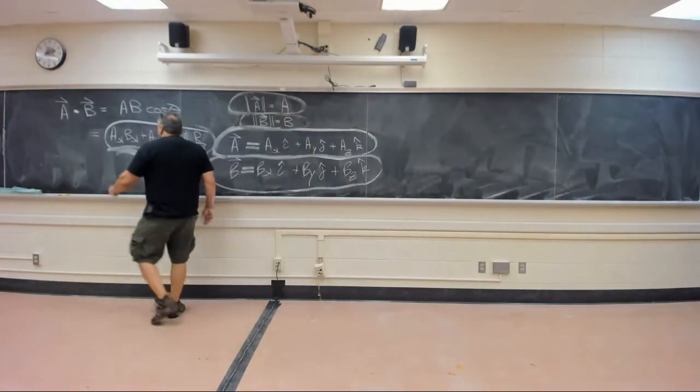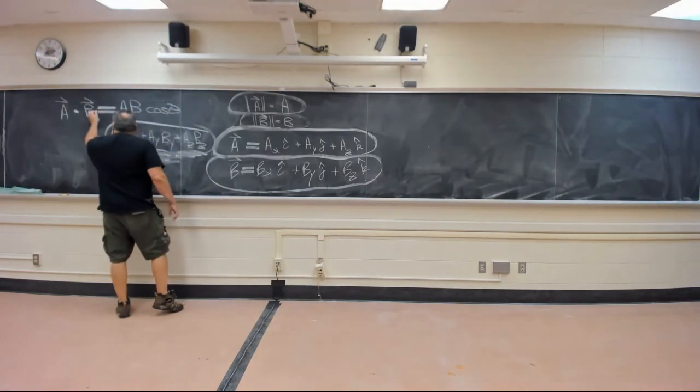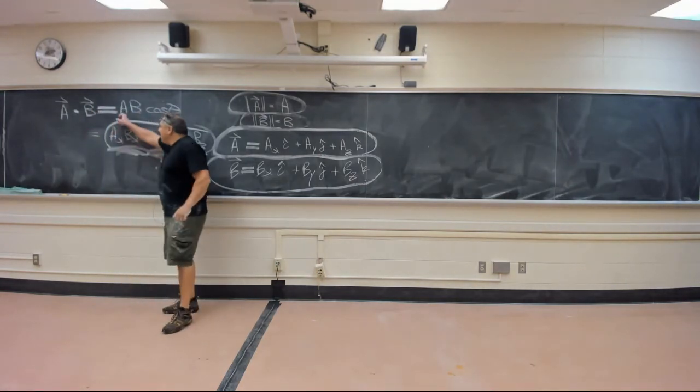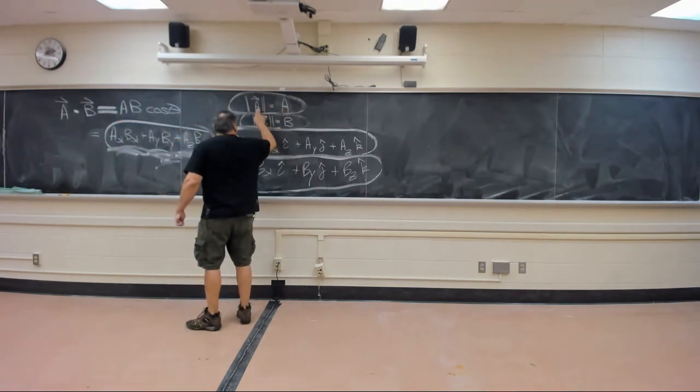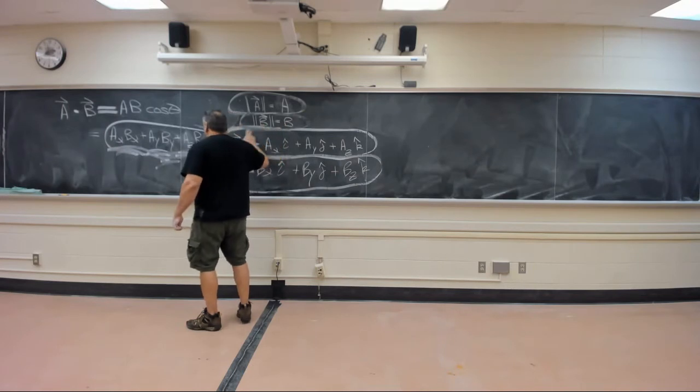This is a dot product. That's a magnitude. We just said it's a magnitude right here. A is equal to the magnitude of A. Just A like this is the magnitude of A vector. B is the magnitude of B vector.